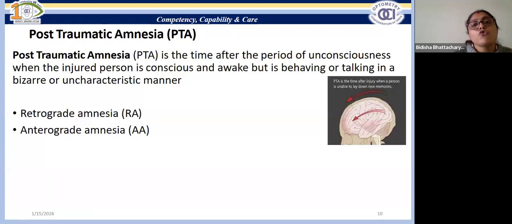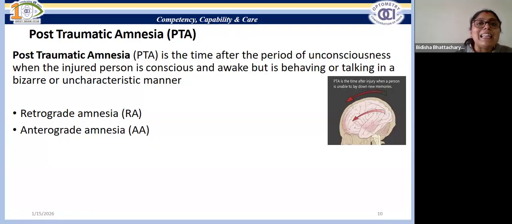Next is post-traumatic amnesia. The first part is the condition after that accident, and the next one is the condition of their memory. This is known as post-traumatic amnesia. In traumatic brain injury, patients usually experience a blow to the head of sufficient magnitude to result in either a loss of consciousness or post-traumatic amnesia.